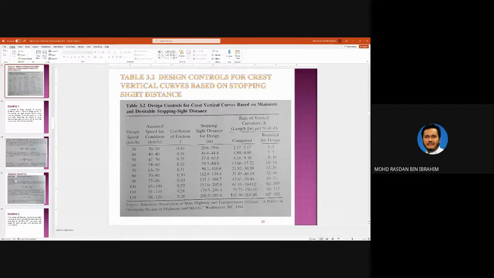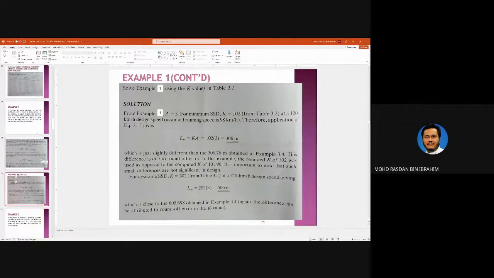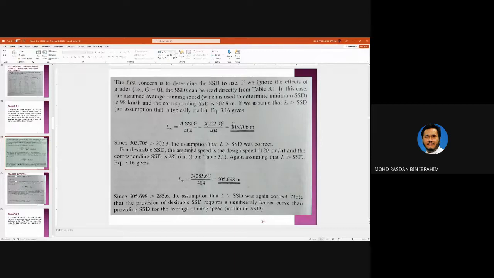Desirable is 202. So you get the minimum length is 306 meters. You try the desirable value, 202, and you get 606. When you compare this 306 and 606, it is more or less very close to the previous calculation of 305.7 here and 605.7 over here.